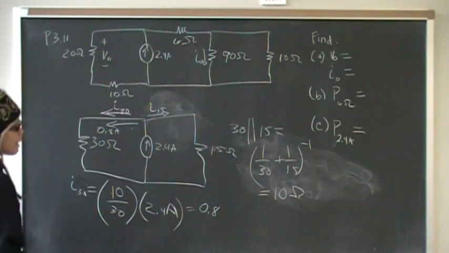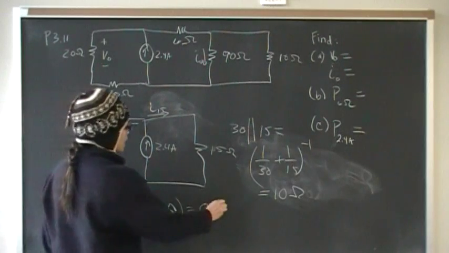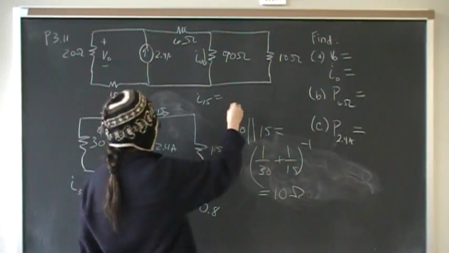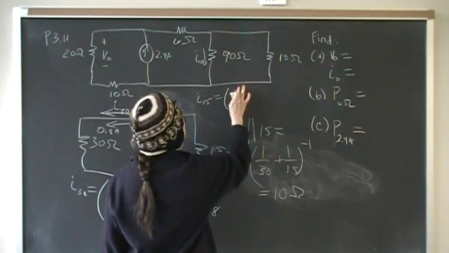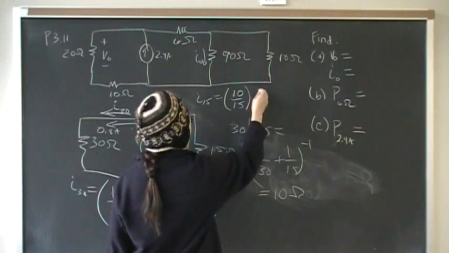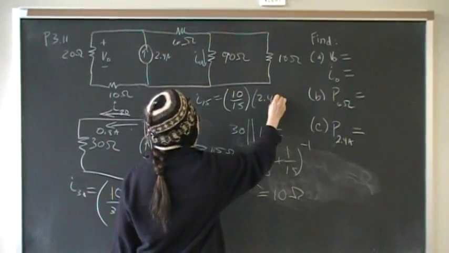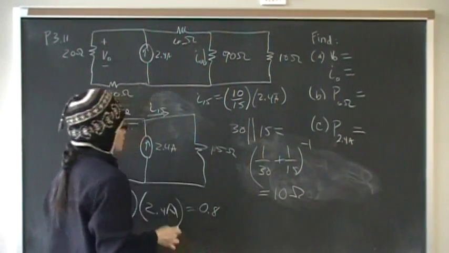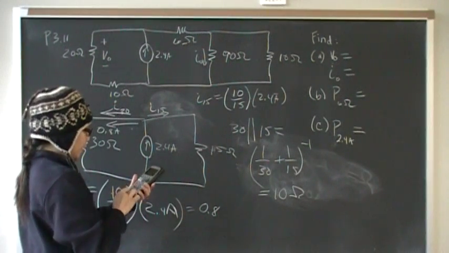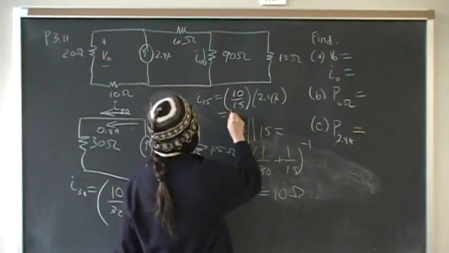But for the sake of practicing current division, I-15 is going to equal 10 over 15 times 2.4 amps. So 10 divided by 15 times 2.4 gives me 1.6, as expected.